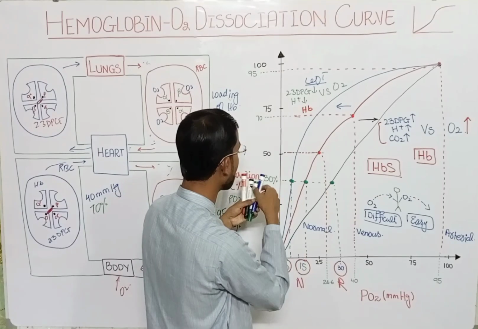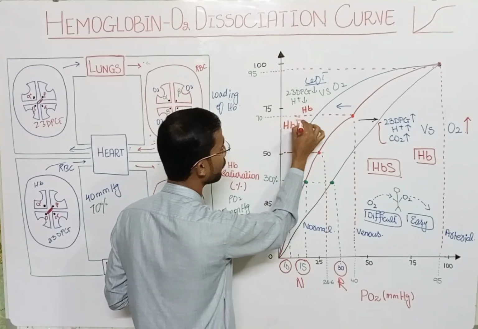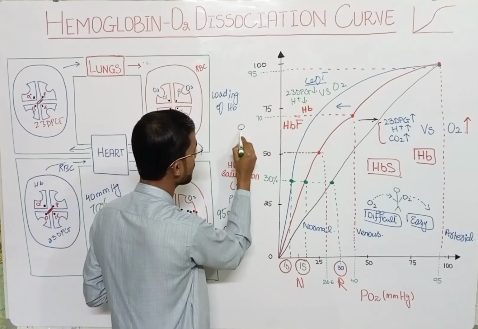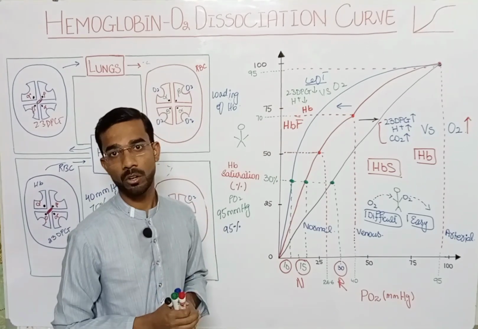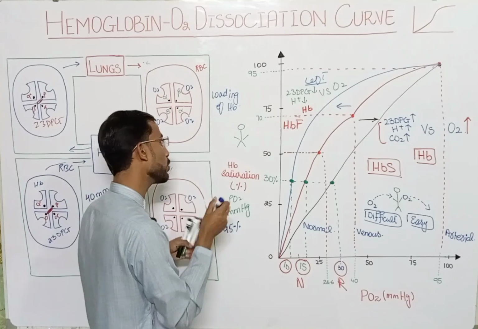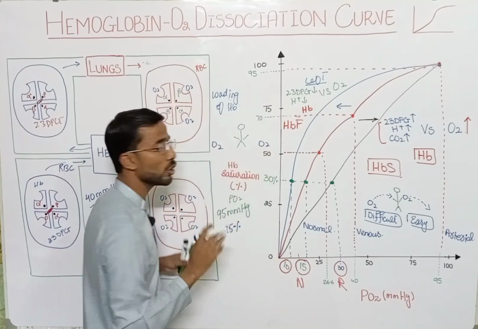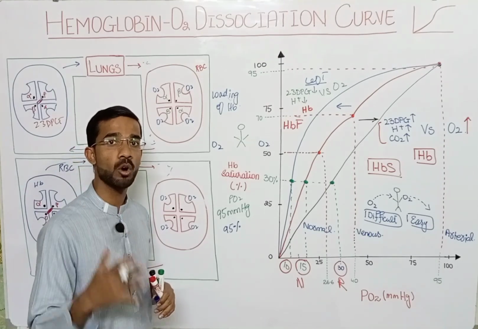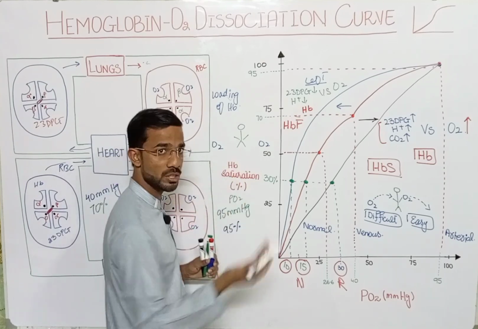Now in the left curve here is another, HbF, fetal hemoglobin. Same case, but HbF loves oxygen too much. In that situation, again you will see two situations. Here is the oxygen, here is the oxygen. Two possible situations can exist between the oxygen and the hemoglobin F. They love each other.